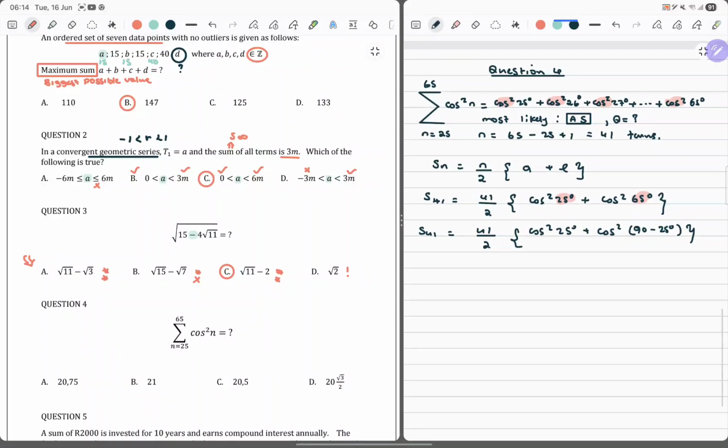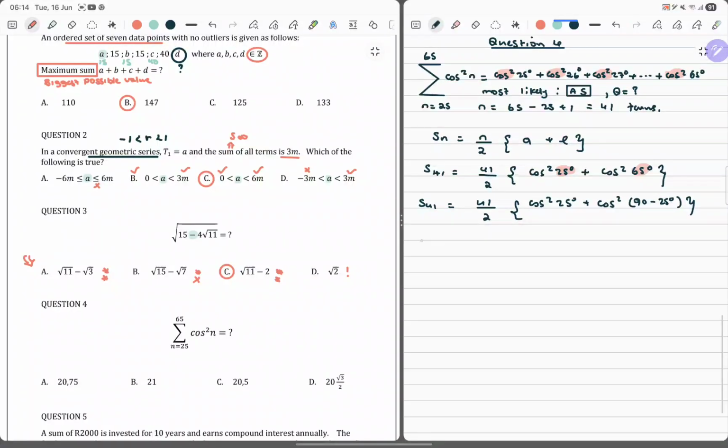Right. Now we continue. S41 is equal to 41 over 2 into cos squared 25 degrees plus, this changes to sine squared 25 degrees.